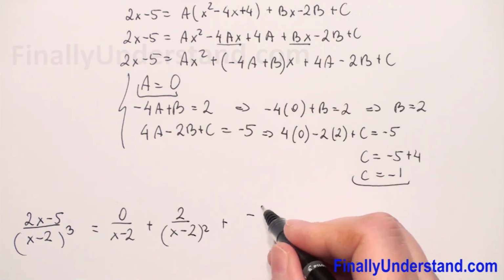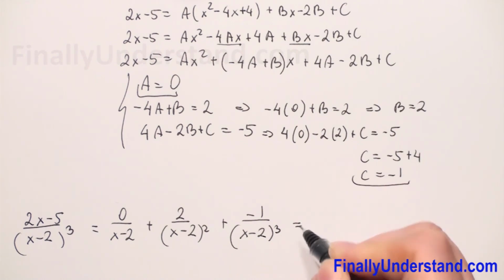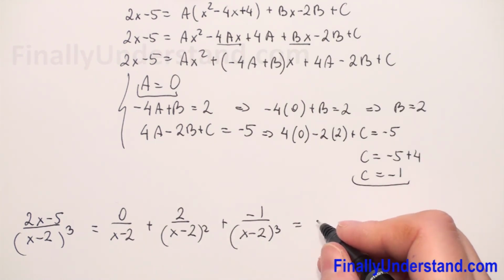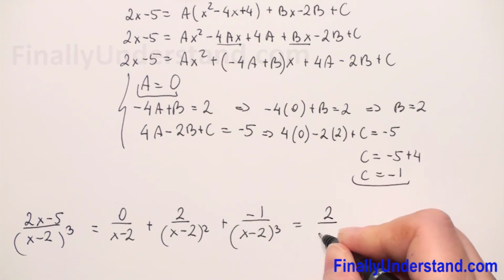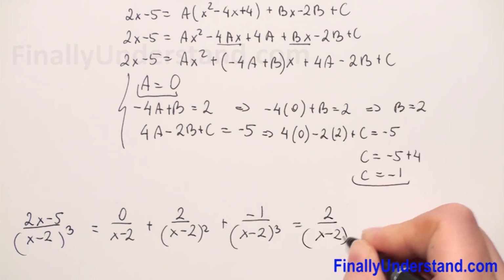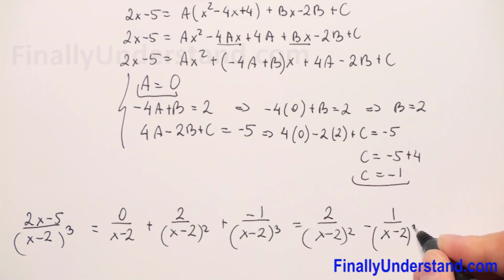C is negative 1 over x minus 2 to the third power. So this is equal, 0 over x minus 2 is 0, we don't have to write it. So next is 2 over x minus 2 to the second power. Positive and negative give me negative 1 over x minus 2 to the third power. This is my solution.